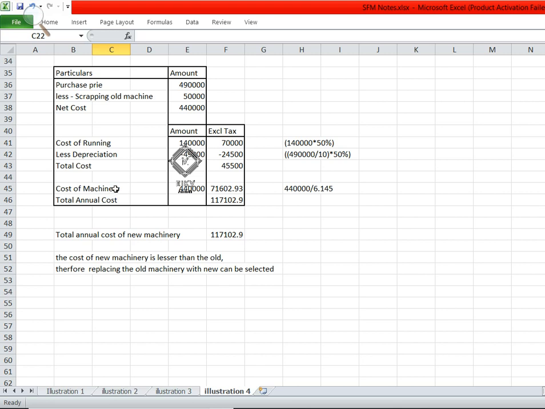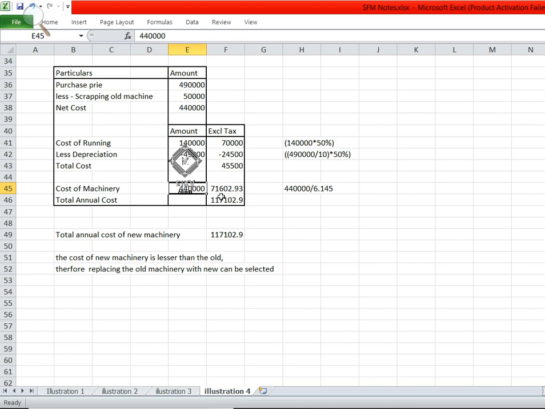Okay, after that we will take the cost of machinery. The cost of machinery is the 4,40,000 which we have computed in the above table. After taking the 4,40,000, we need to convert it into an annual basis. So for computing the annual basis, we need to divide 4,40,000 by 6.145, which is given in the question. 6.145 is the PV factor for 10 years, right?